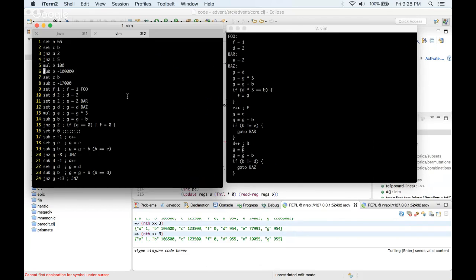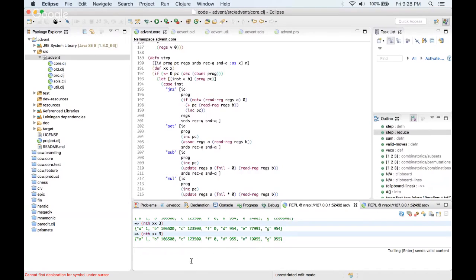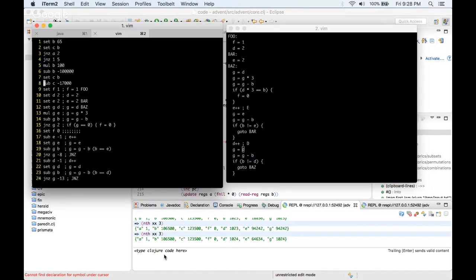Like we could possibly just set this, but the thing is that C and B haven't changed at all. So that's not even going to be enough.